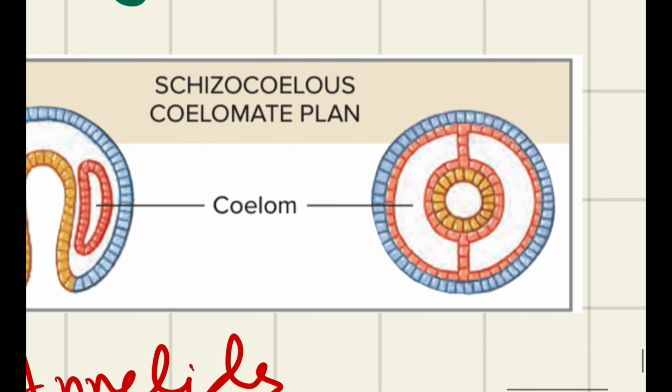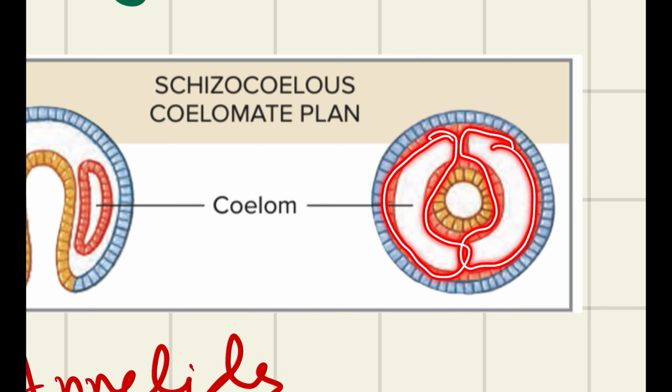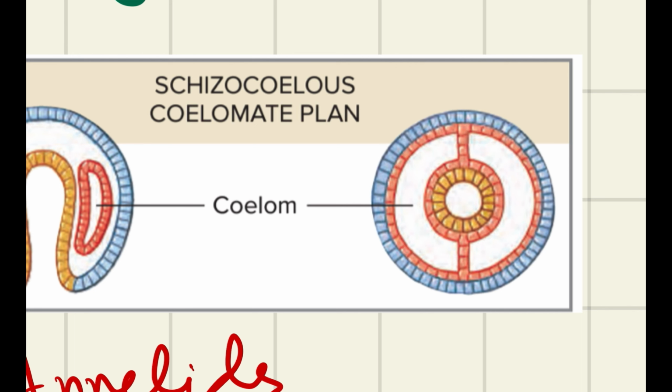Coelom is a body cavity completely lined by mesoderm from all sides, lying between the ectoderm and endoderm, or we can say body wall and gut. The conditions are fulfilled and the blastocoel is completely gone.